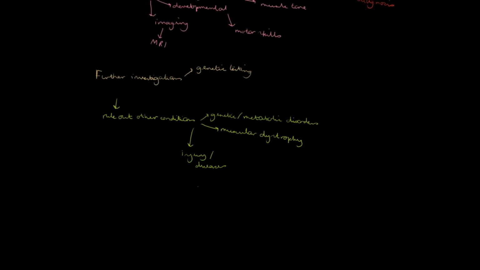Some differentials you might want to consider when this patient presents to you, as we have touched upon before, are the genetic and metabolic disorders, but there's also muscular dystrophy, spinal cord injury and diseases, and certain infections of the brain.